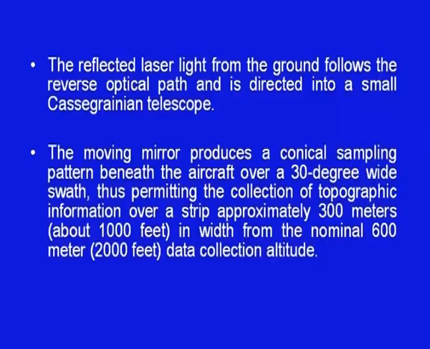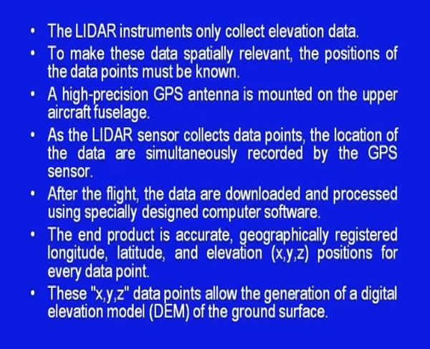The moving mirror produces a conical sampling pattern beneath the aircraft over a 30-degree wide swath, thus permitting the collection of topographic information over a strip approximately 300 meters in width and from a nominal height of 600 meters above the ground.